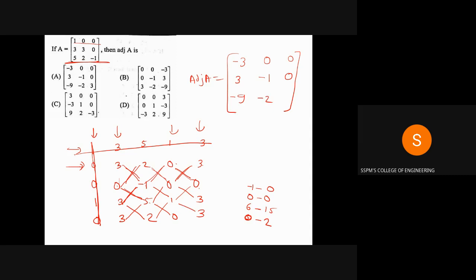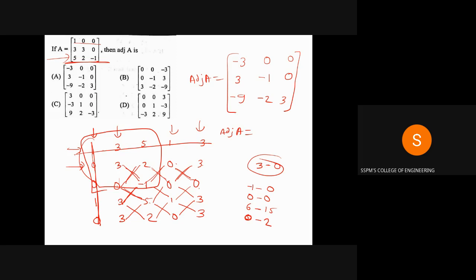Now for this, calculate this. 1 into 3 it is 3, minus 3 into 0 it is 0. 3 minus 0 it is 3. So that is how you calculate adjoint of matrix A. What you have to do first? Write transpose. First, we wrote the transpose of this matrix.